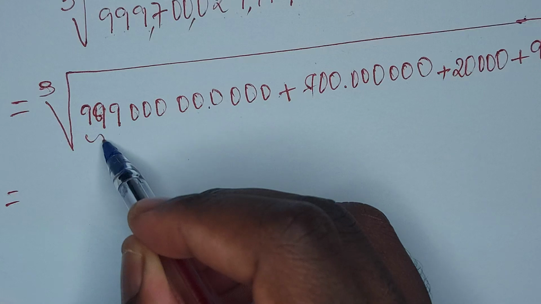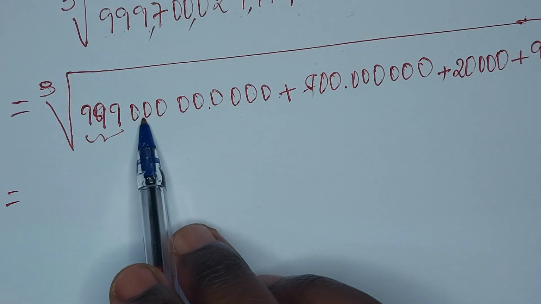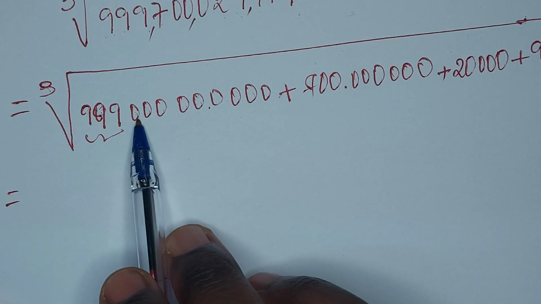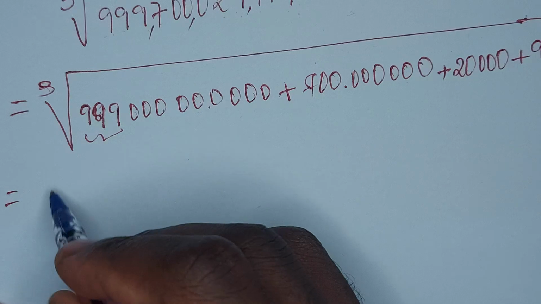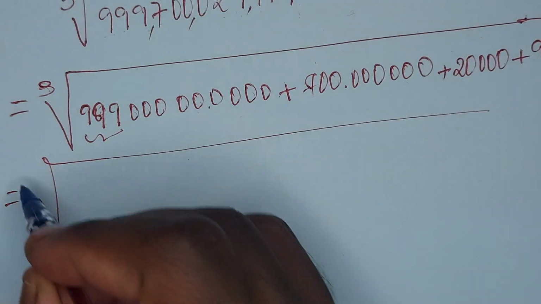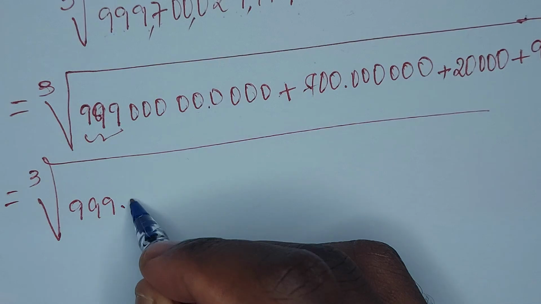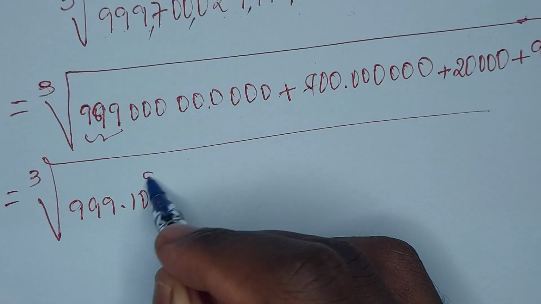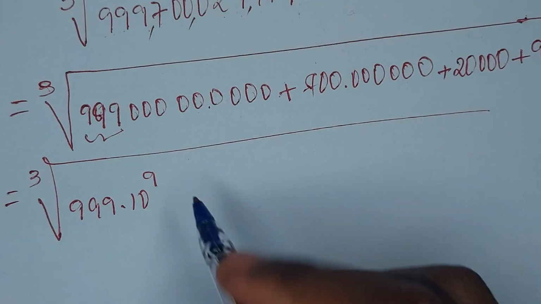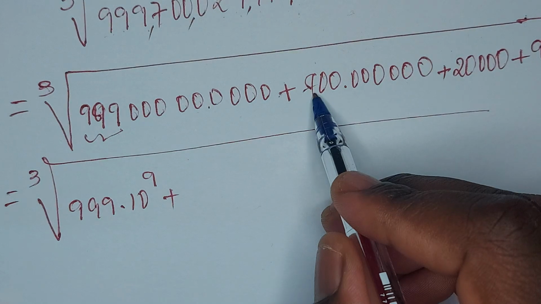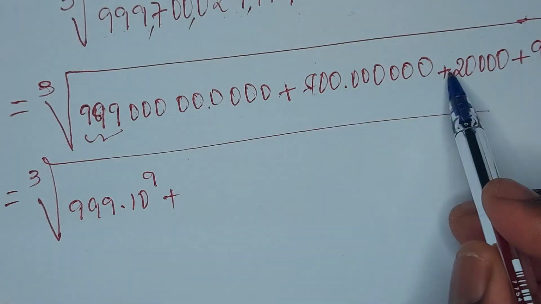So now this is what? This is 999. We have 9 zeros here, so we're going to have the cube root of 9 times 10 to the power of 9. Okay, plus here we're going to have what? We have 8 zeros here.